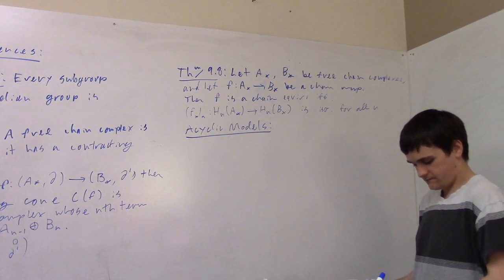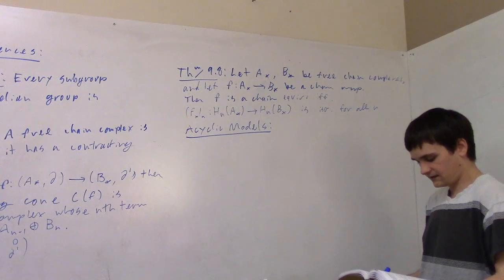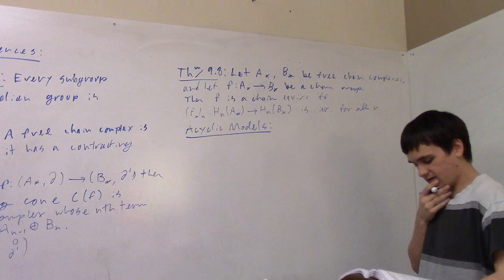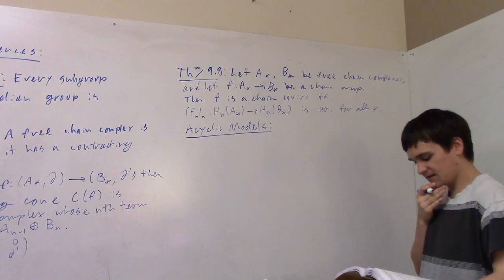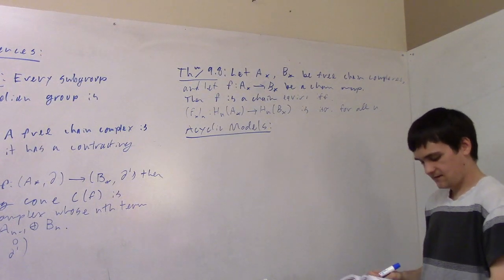And so this is also kind of technical, but the goal here I think is a bit more concrete. Acyclic models is a technique of constructing chain maps and chain homotopies.